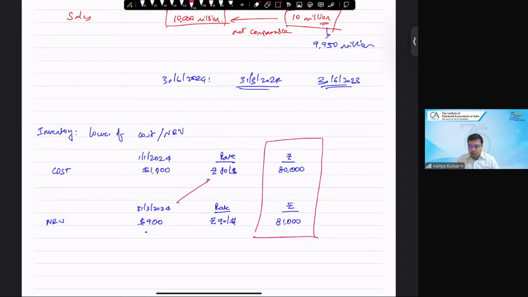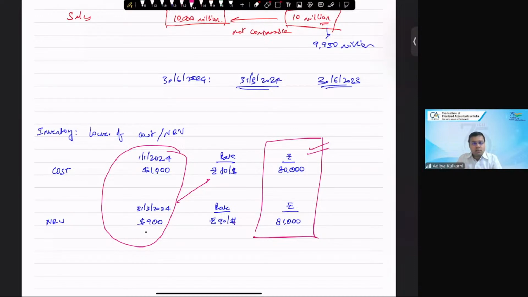Okay. So therefore, what the standard tells is you do the impairment testing, or this NRV testing, in foreign currency. But ultimately, when the time comes for taking the entry, you will base your NRVs on the functional currency, because your journal entries, understand the fundamental.